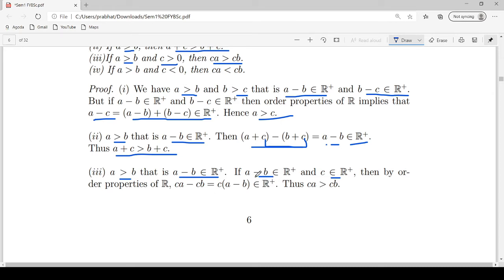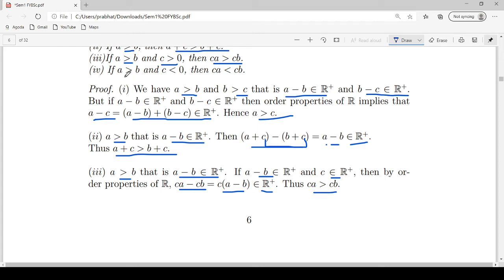Hence you can say a minus b times c belongs to R plus. But this multiplication c times a minus b is equal to ca minus cb by using the distributive property of multiplication over addition. That means you have ca minus cb belongs to set of positive real numbers R plus, and that proves ca is greater than cb.